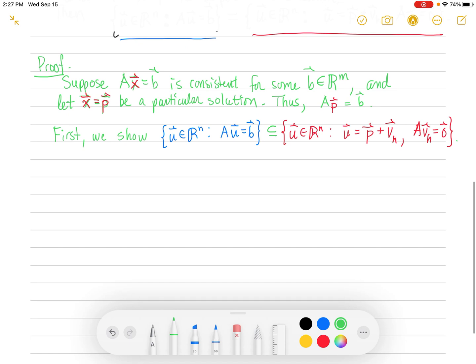To show that the blue set is contained in the red set, I'm going to pick an arbitrary element in the blue set. Let's call it W. Let W be a vector in the set blue.